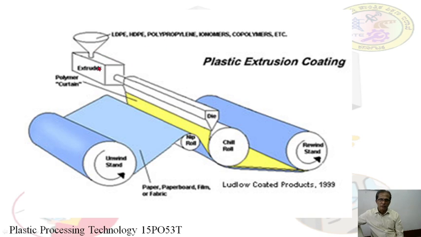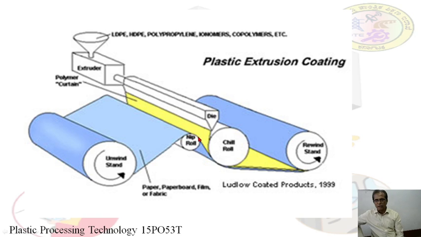and in the extruder it is melted, and the molten material is going to pass through this type of die arrangement. This yellow shaded portion is the plastic material which is emerging out of the die. This is a long die through which the plastic is coming down, and it is placed over the web of material.